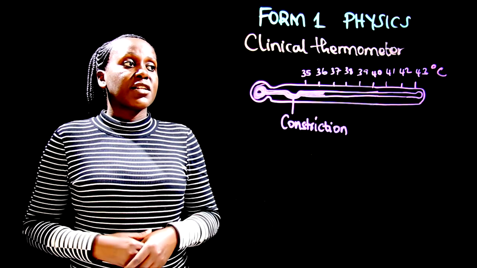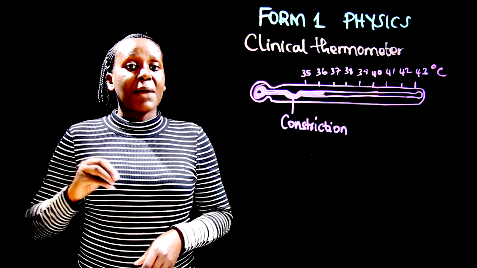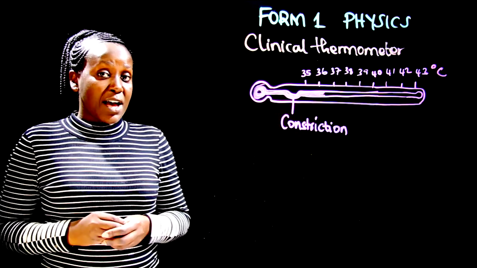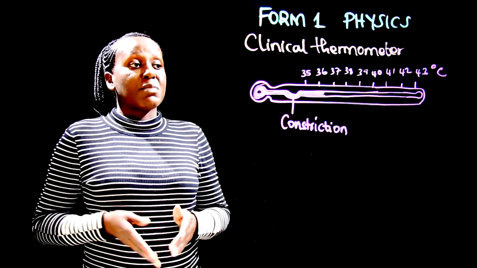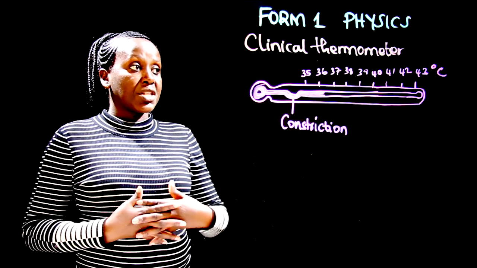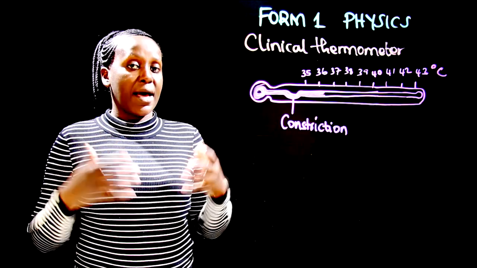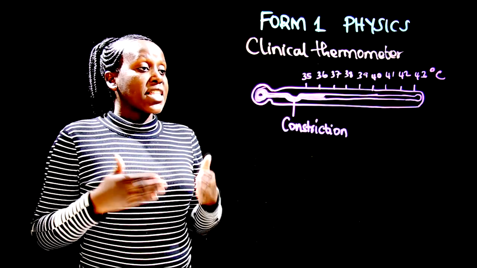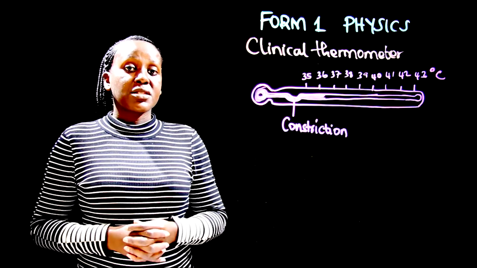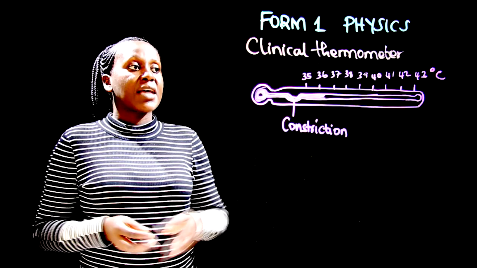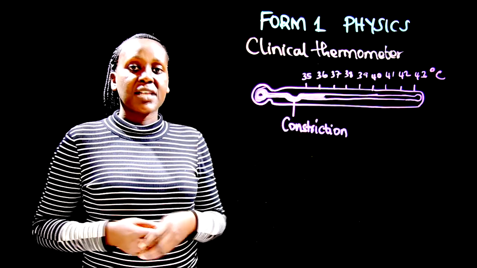Remember, the purpose of a clinical thermometer is to determine the temperature of patients. Now, the temperature of a human body should be between 35 and 43 degrees Celsius. In fact, above 40 is already so high. Now, the reason why the scale is different is because the temperature of a human body is around 37 degrees Celsius.